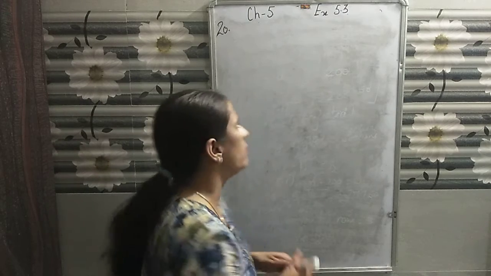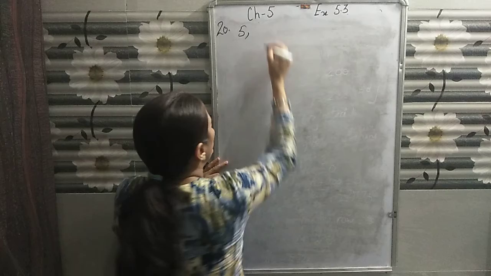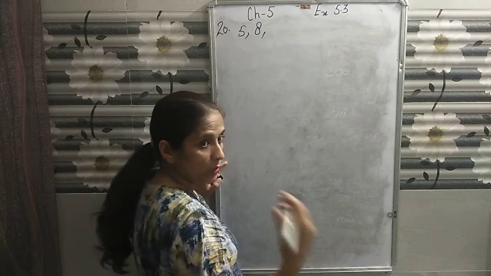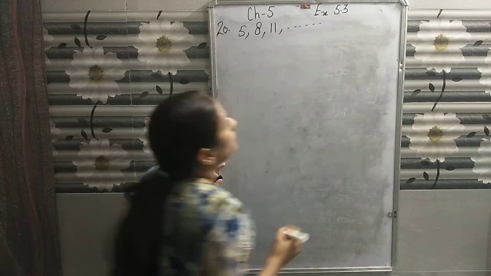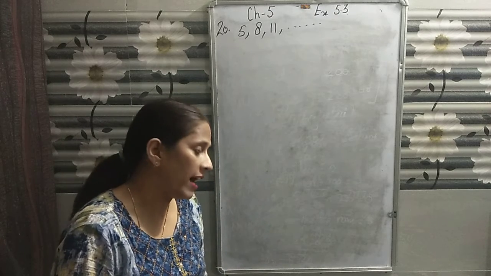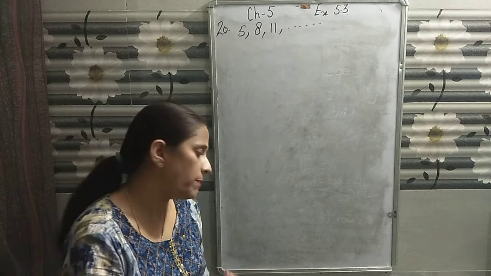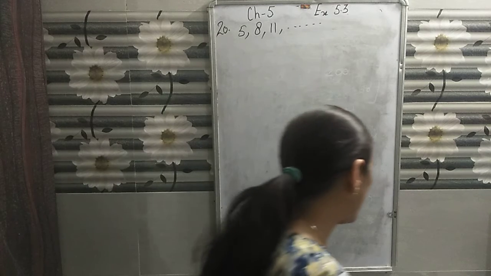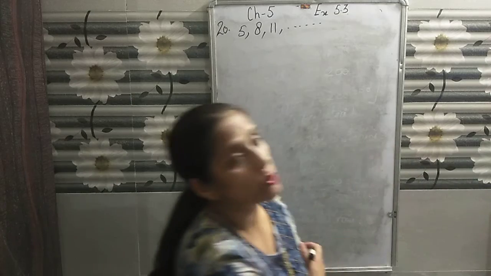That is, first one is at 5 meters, another one will be at 5 plus 3, 8 meters, then another one 8 plus 3, 11 meters, and so on. And there are a total of 10 potatoes, and you have to find the distance covered by the competitor in covering these 10 potatoes. What is the total distance she has to run?